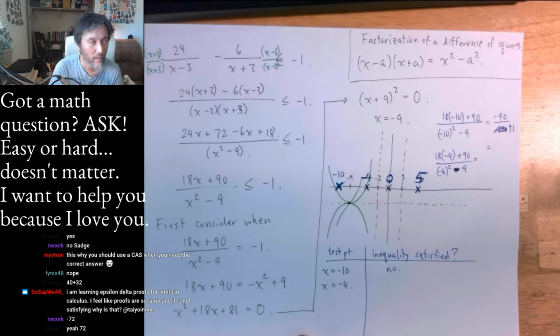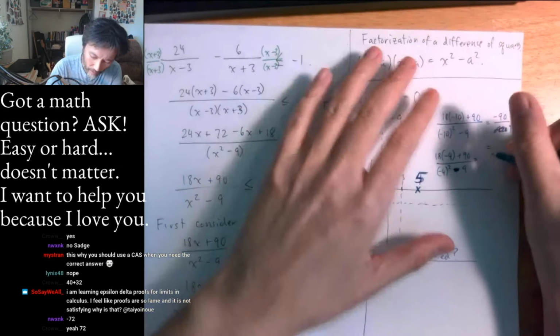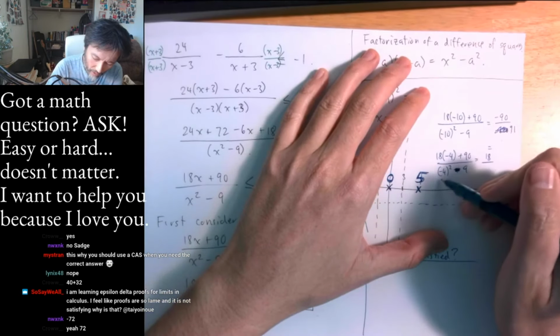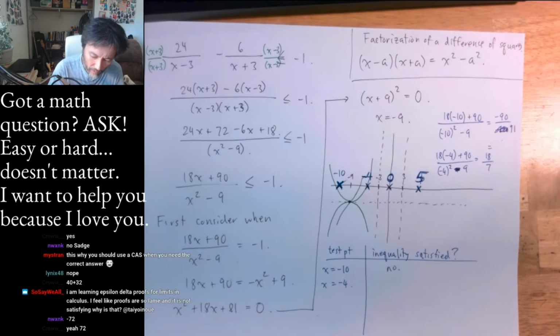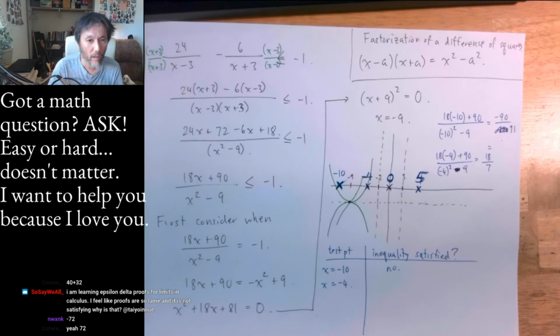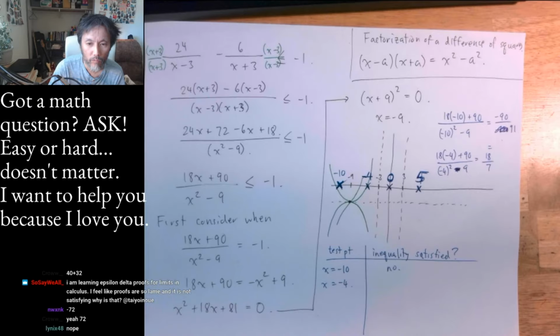Plus 90 is 18. Over 16 minus 9. Is the inequality satisfied? Nope.